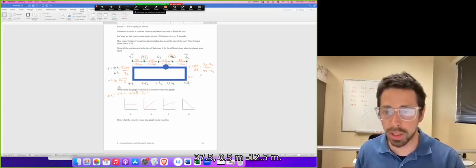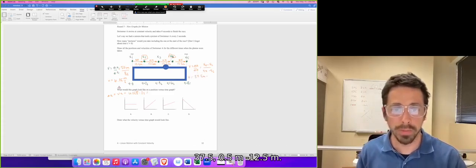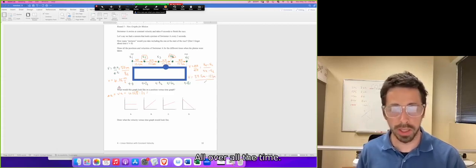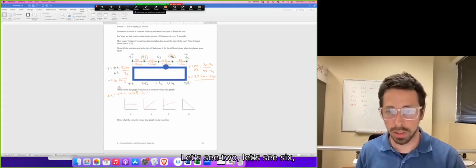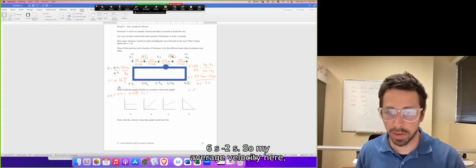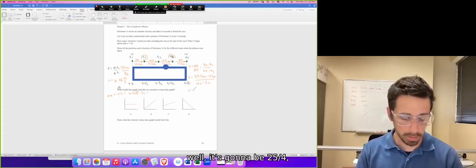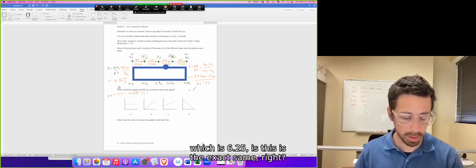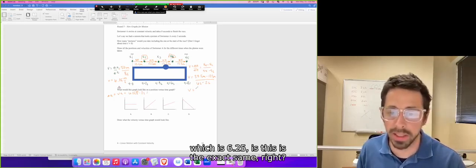That location is 37.5 meters minus 12.5 meters, all over the time. 6 seconds minus 2 seconds. So my average velocity here is going to be 25 divided by 4, which is 6.25. It's the exact same, right?